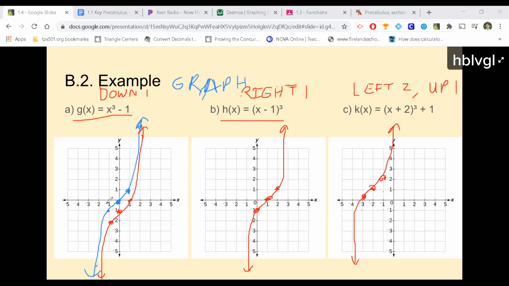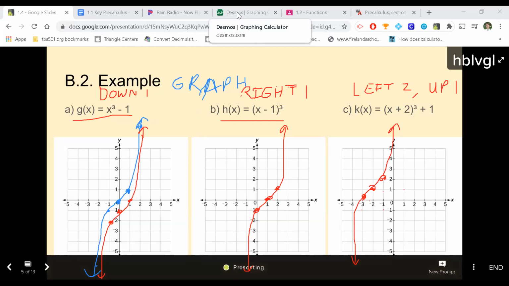As you do more and more of these, you'll have all the basic parent functions memorized, and what points they go through. Like I know it goes through 2, 8, and -2, -8. But if you don't, page 41 has the basic graphs that you can use. Also, you can always go on Desmos or use your TI-84 to graph it if you're not sure what it looks like.